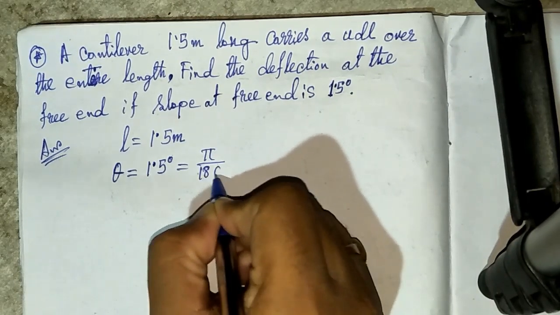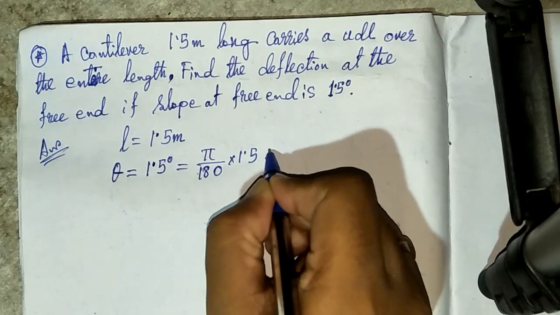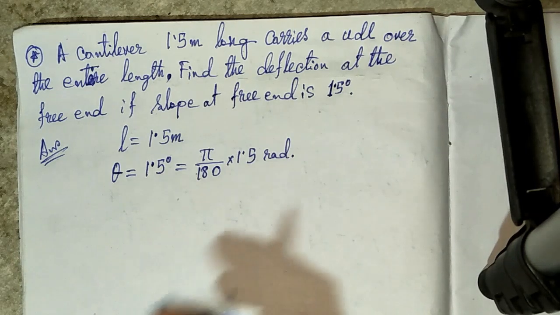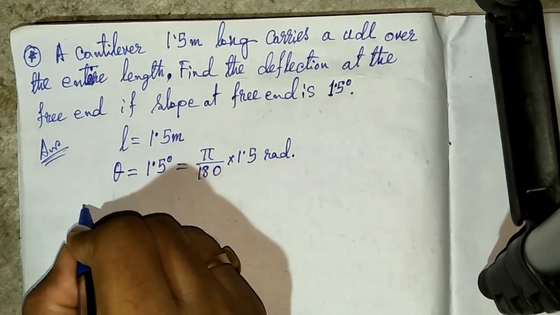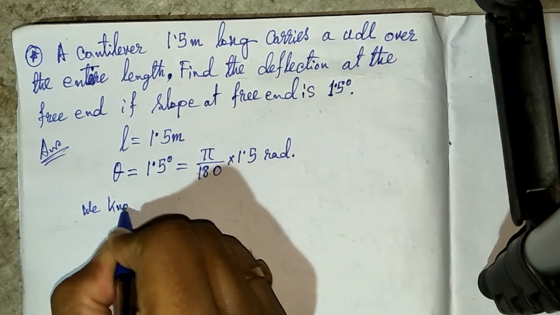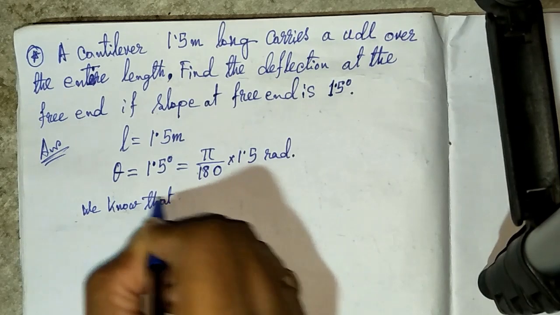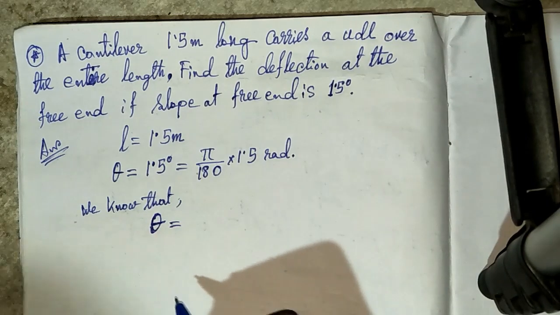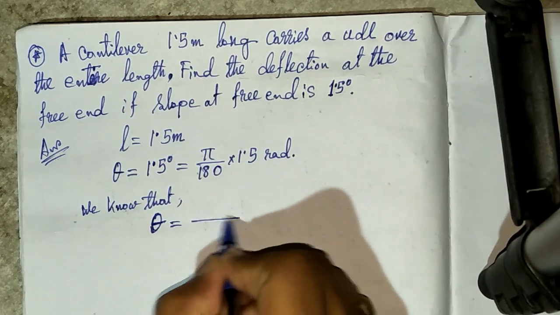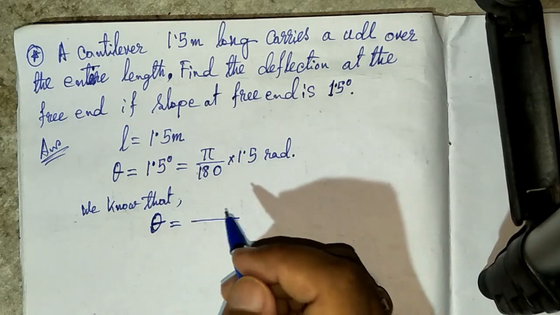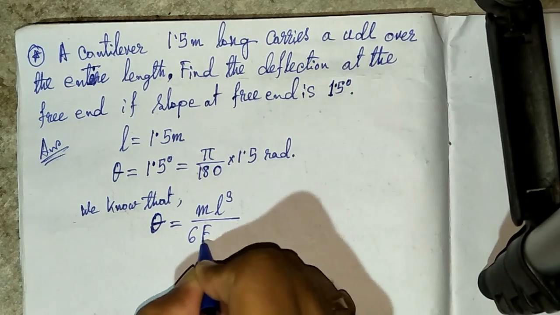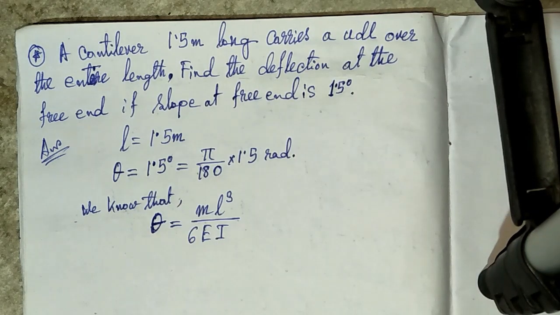We have to convert this into radian, that is pi by 180 into 1.5 radian. We know the slope formula at the free end: for UDL the slope expression is m L cube by 6 EI.